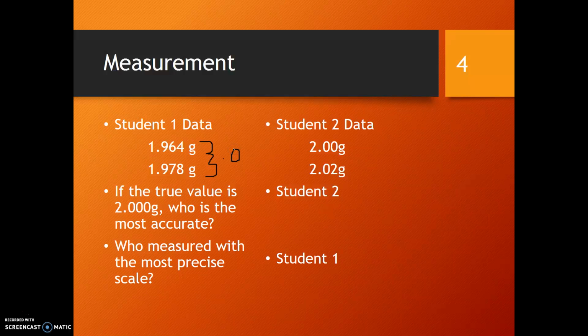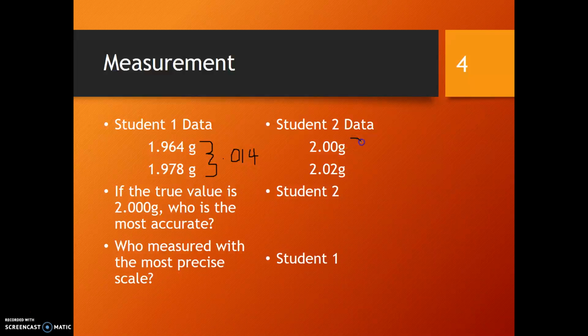The difference between them would be 1.978 minus 1.964. So the difference is 0.014.